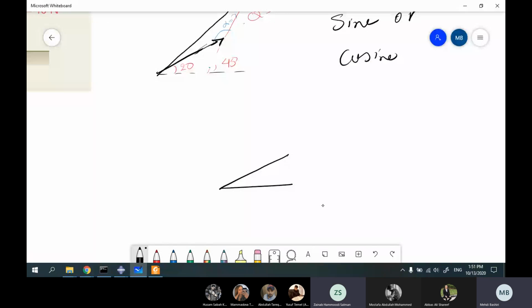You know, in a triangle, you all know that A plus B plus C is what? 180. Okay? And this line is 180. So this angle is what? 180 minus 45.